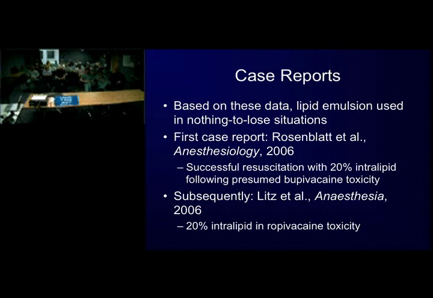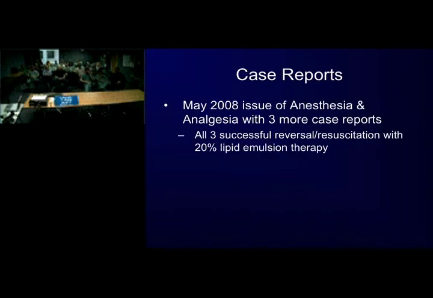Subsequently, another case report was published in 2006. This time it was Intralipid use in ropivacaine toxicity. And the May 2008 issue is actually dedicated to local anesthetic toxicity, and in that issue there were also three other successful reports of resuscitation with Intralipid therapy.